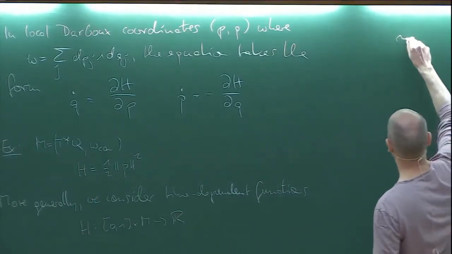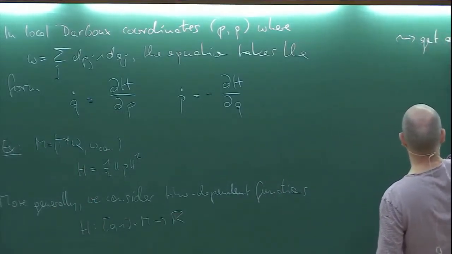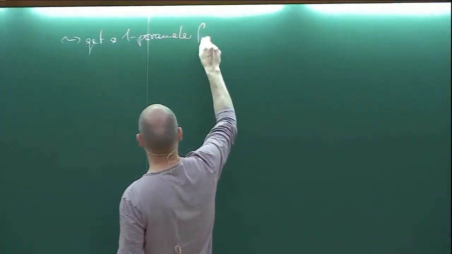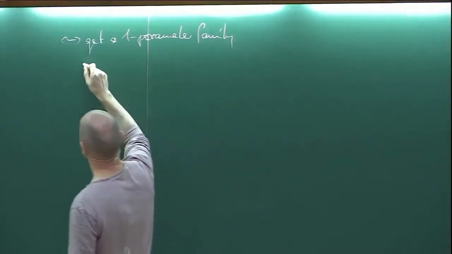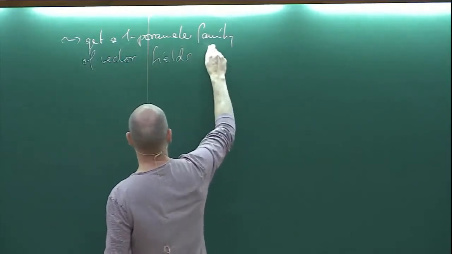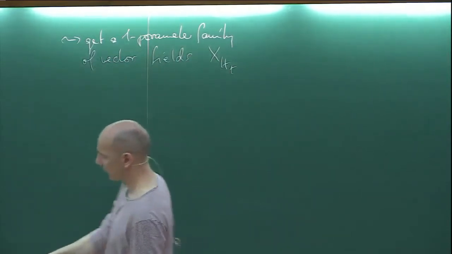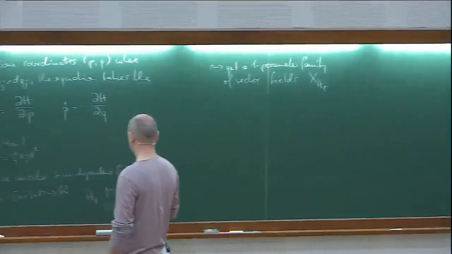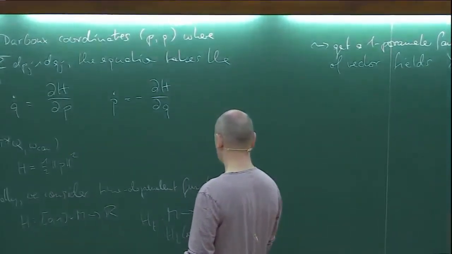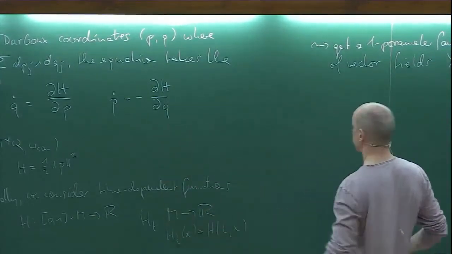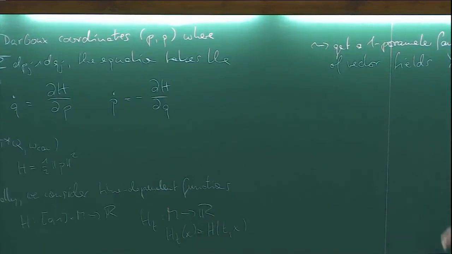So we get a one parameter family of vector fields X_{H_t}. So H_t would be a function from M to R, which is just H_t(x) = H(t,x), right? And so for each one of these functions, I can do the same trick. So I get a family of vector fields.